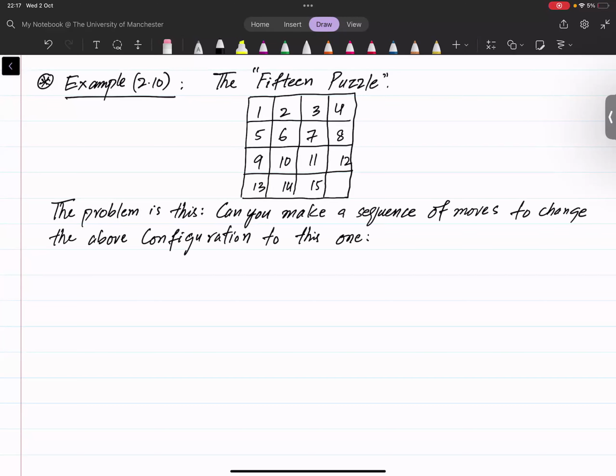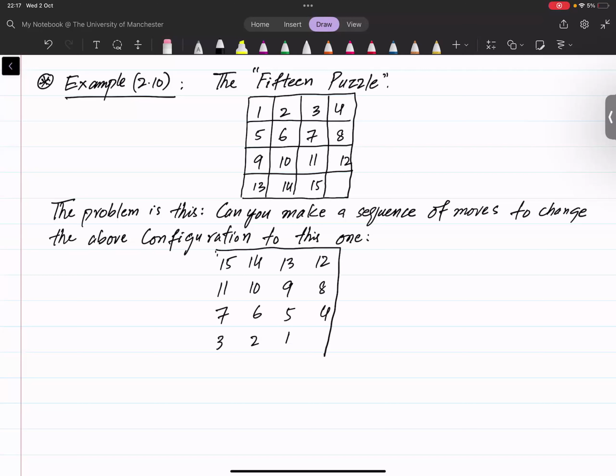This one: 15, 14, 13, 12, 11, 10, 9, 8, 7, 6, 5, 4, 3, 2, 1.